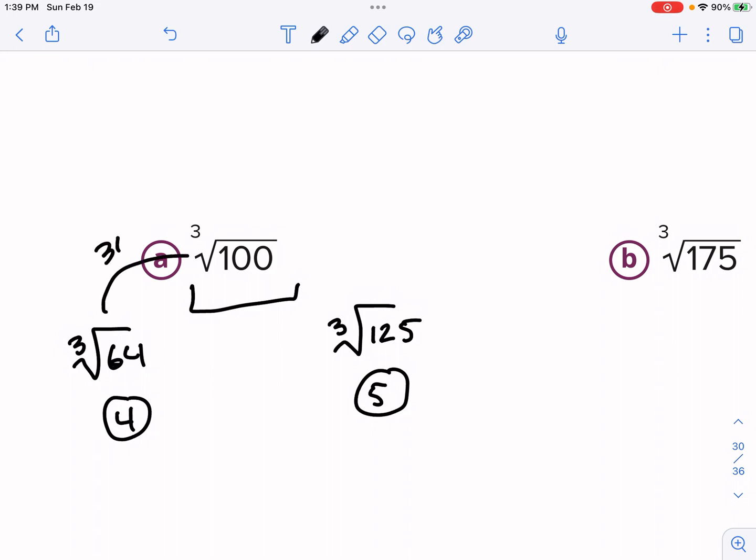It looks like that's 36. These two numbers away, 100 to 125, is 25. So this has a shorter distance to 5, not by much. So I would say it's a little bit over 4.5, let's say 4.6.